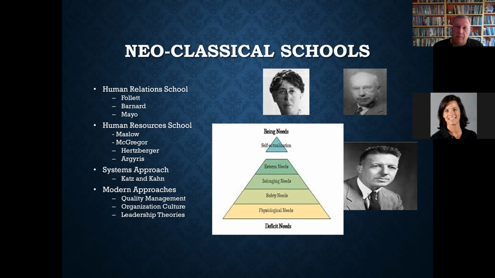Because we are 500 and we have limited time and scope in this class, we're not going to cover all the neoclassical schools, but some of the more important ones that we will cover tonight are schools such as the Human Relations School, the School of Human Resource Management, the School of Systems Theory, and then there are also what we consider more modern schools such as Quality Management, Organizational Culture, and Leadership. But again, because we have limited time tonight, we're only going to touch on a few of these neoclassical schools and talk about some of the authors within those neoclassical schools.